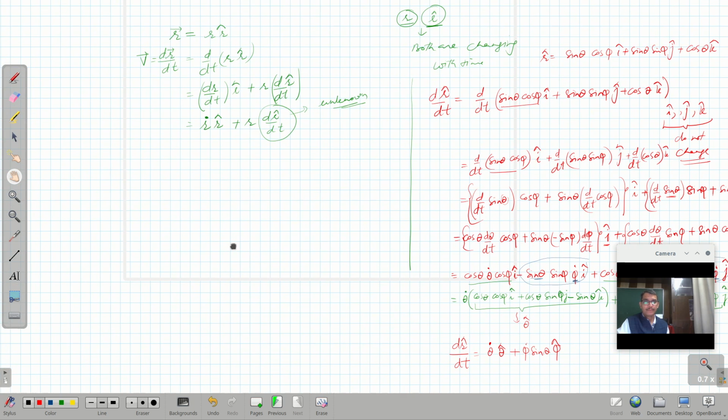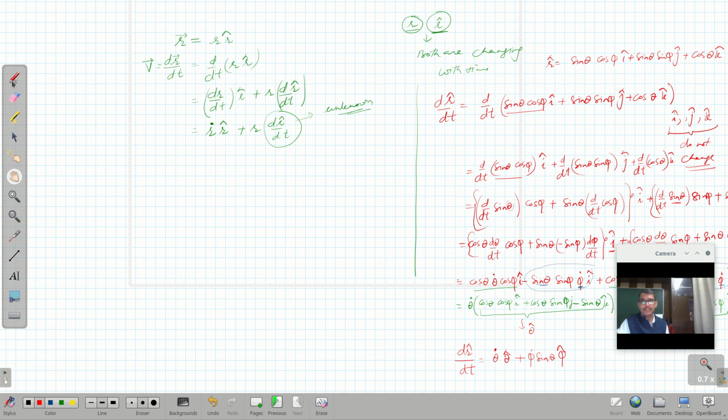I have defined V as r dot r cap plus r into dr cap over dt, and this is the value of this. So let me put this value here.